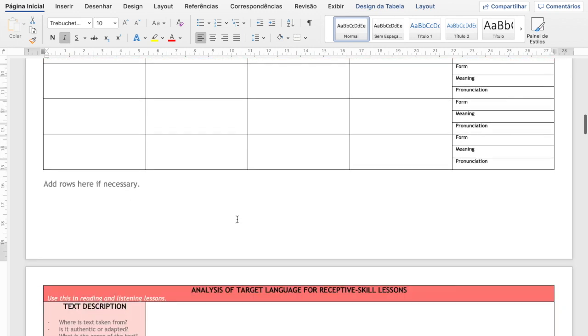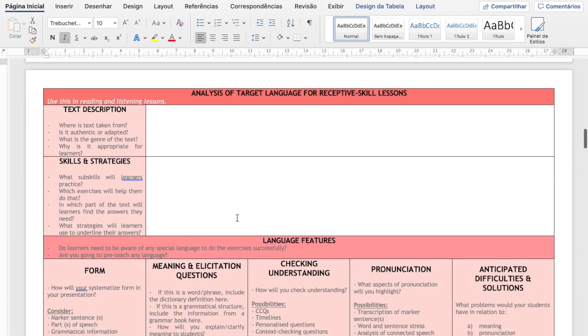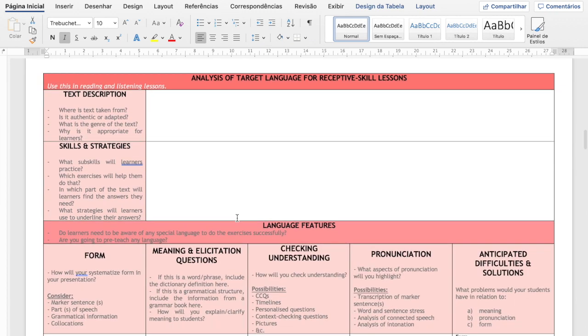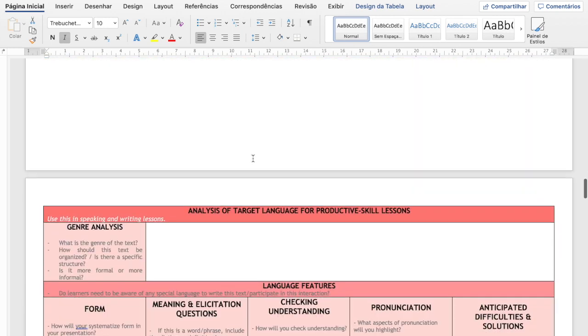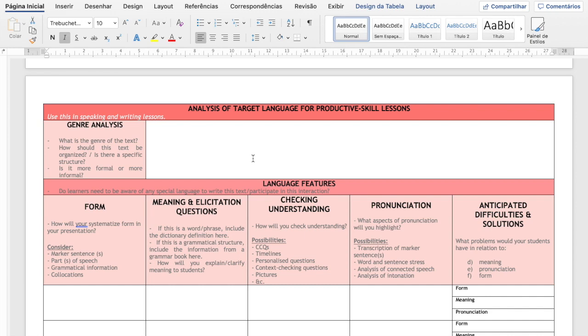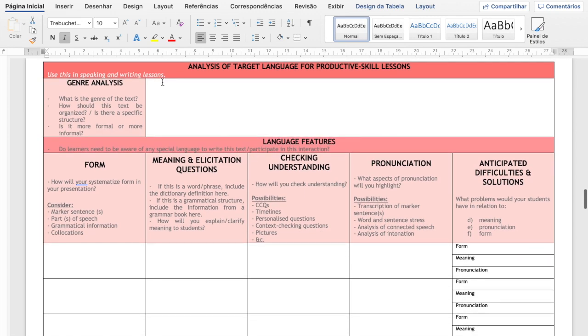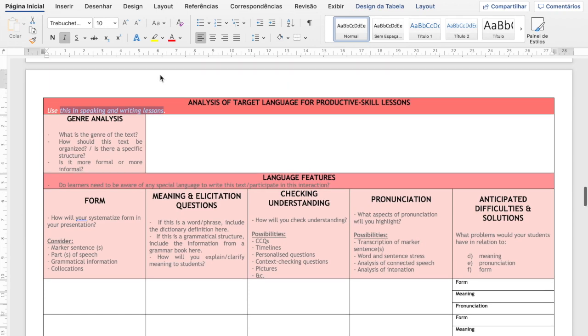Then, moving down, you have Analysis of target language for receptive skill lessons. You're going to use this if you're teaching reading or listening. And then, last but not least, we have Analysis of target language for productive skill lessons. And you're going to use this if you're teaching speaking or writing. So, depending on the kind of lesson you're teaching, you will have to complete a different section of the lesson plan.